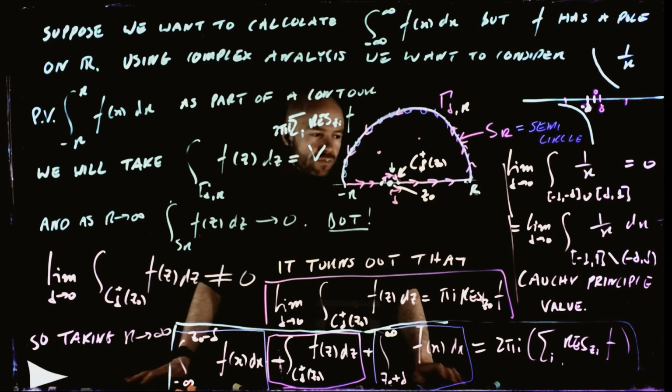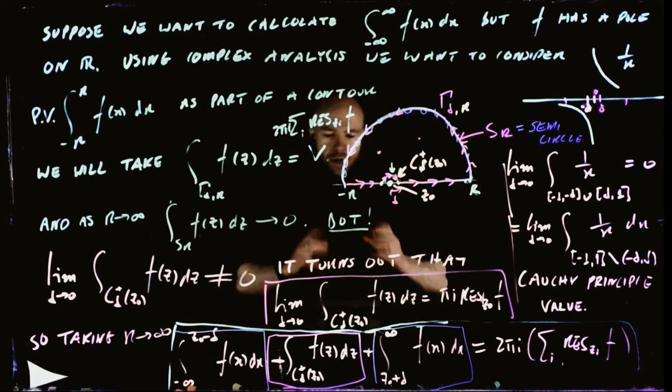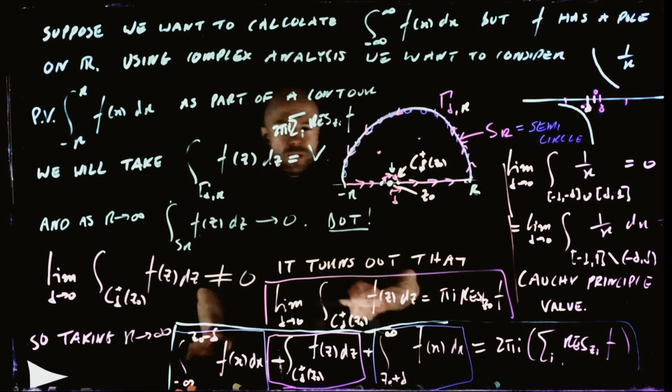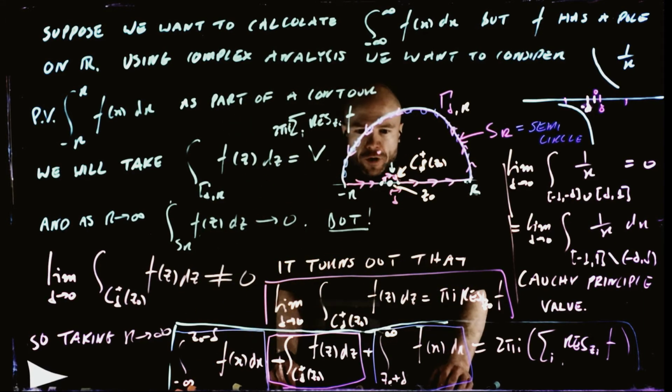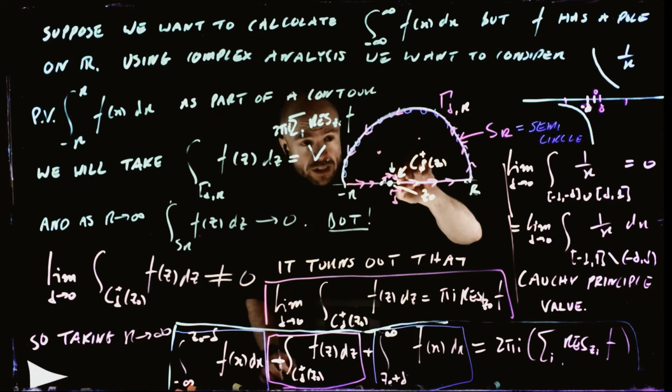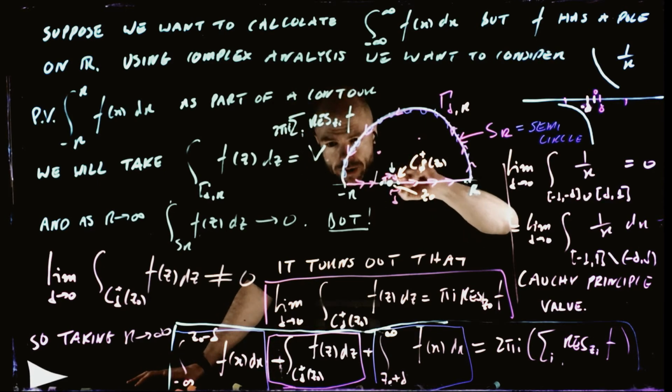Okay, so what I really want you to do is not memorize this. I want you to be able to get the right formula from drawing this picture, from knowing that you can't just ignore this semicircle part, and the calculation I'm about to do will show you that. Then, if I go around anti-clockwise, this semicircle part I'm going round clockwise.